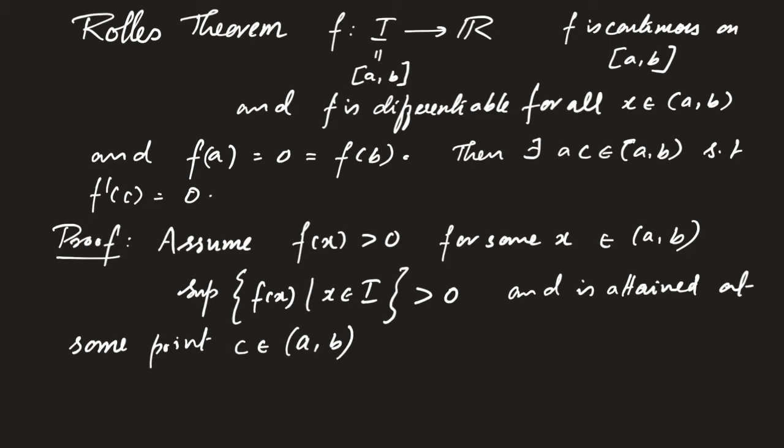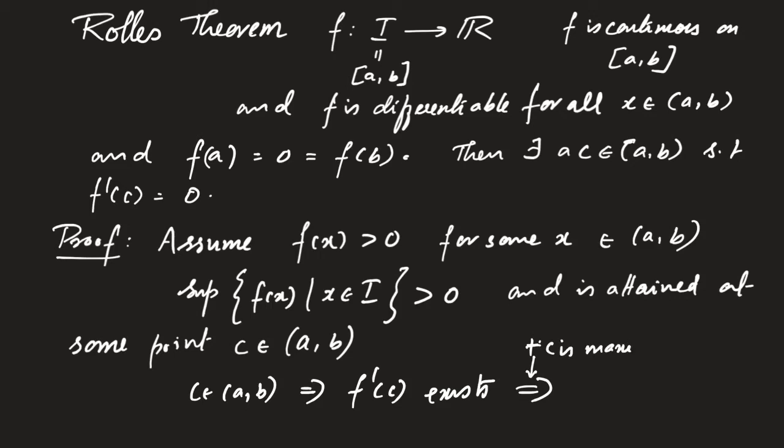Because c belongs to (a, b), f'(c) exists. But if f'(c) exists and c is a maximum, this implies that f'(c) is equal to 0.